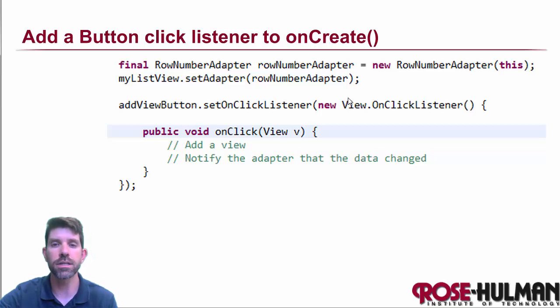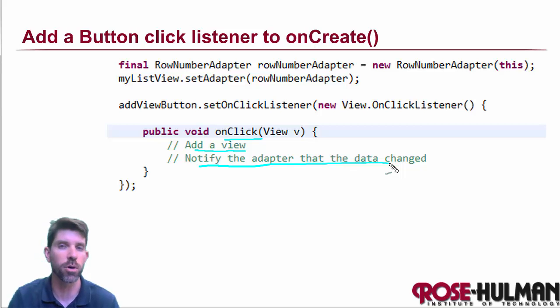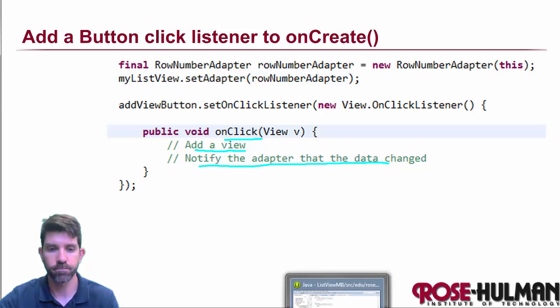Creating a new listener, I've done many times. But one thing I have to realize is that once I get a button click, I need to be able to add a view, and I need to be able to tell my adapter somehow that the data had changed out from underneath it, and that it needs to do an update. All right. So let's go ahead and do these things.